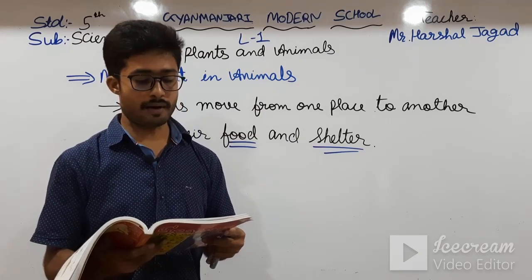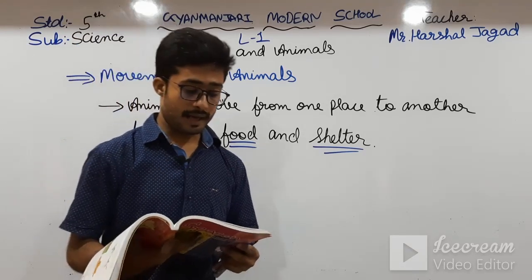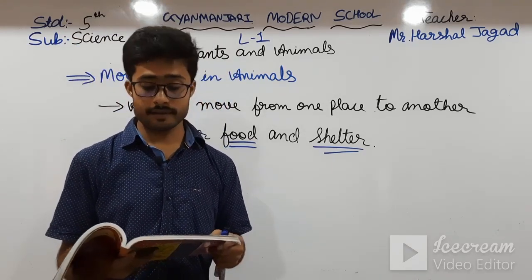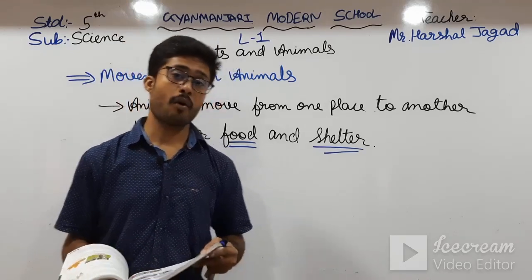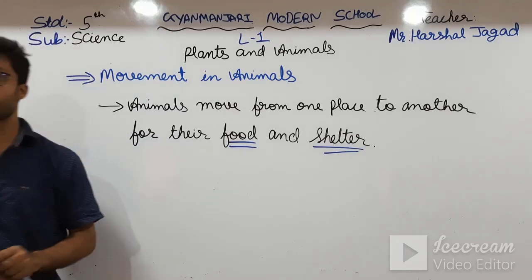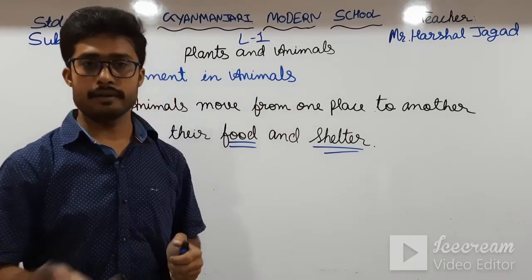Some animals do not have limbs, they crawl. See here, there is a picture of a cheetah that runs, fish swims and birds fly and snake crawls. Means all the animals have different legs or different organs for their movement.